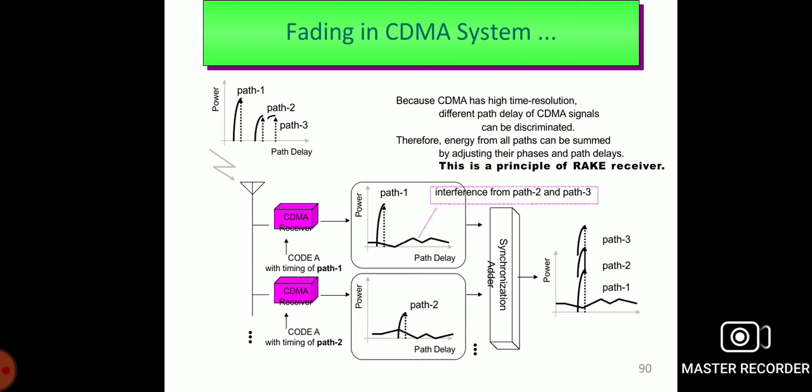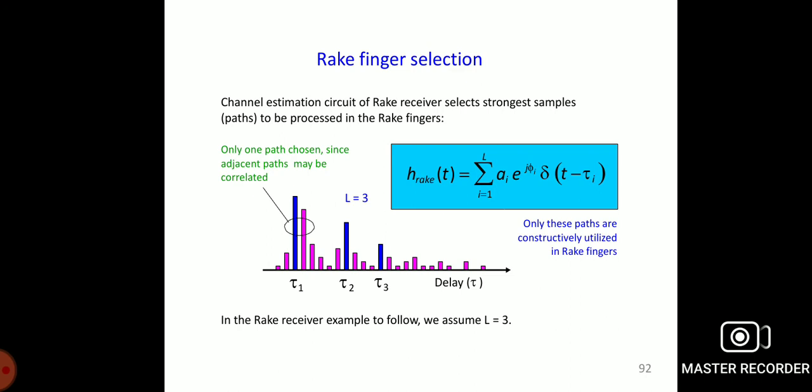Now let us move to rake finger selection. The channel estimation circuit of the rake receiver selects the strongest sampled paths to proceed to the rake fingers. Here the delay element is tau: the first path tau 1, the second path tau 2 and the third path tau 3. For the different frequency signals only one path is chosen, since adjacent paths may be correlated.